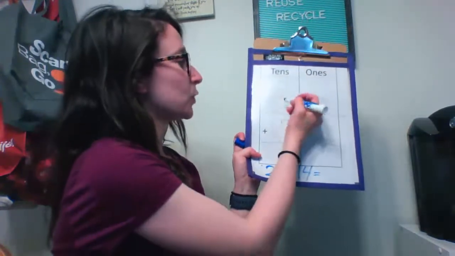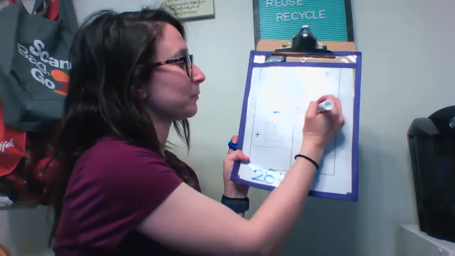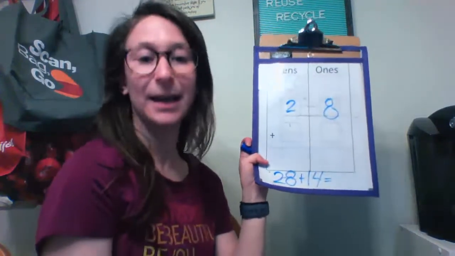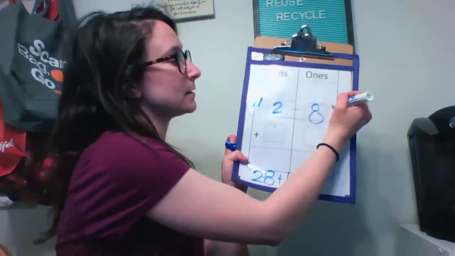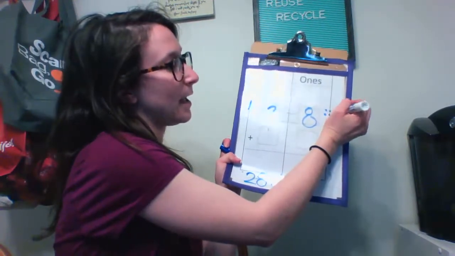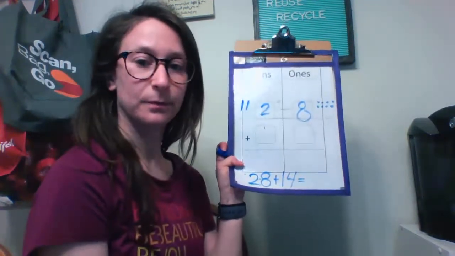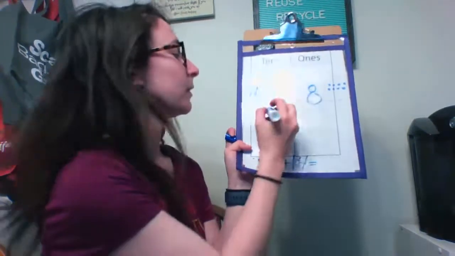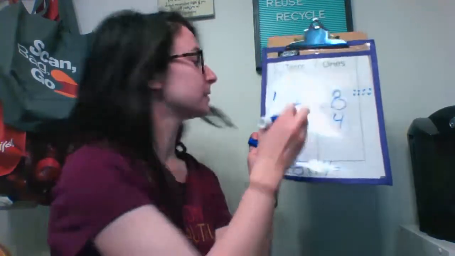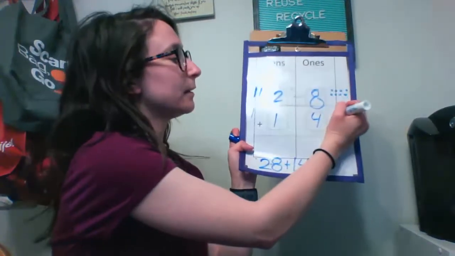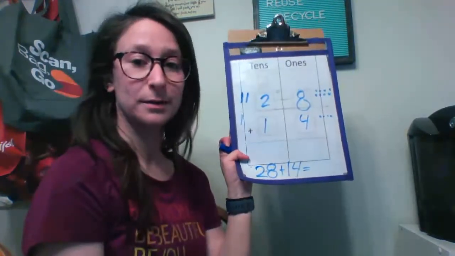All right. So 28 is, let's make sure you can see it, 2 tens and 8 ones. And then we have 14. 1 and a 4. 14 is 1 ten and 4 ones.